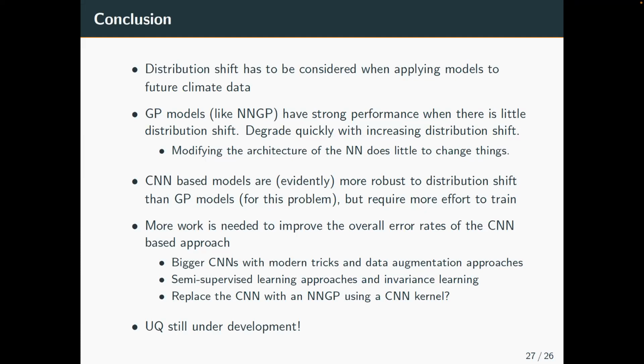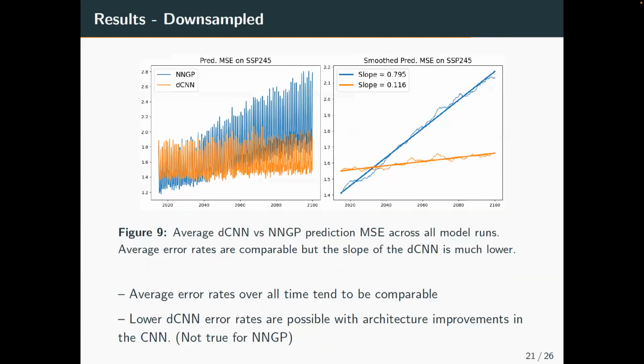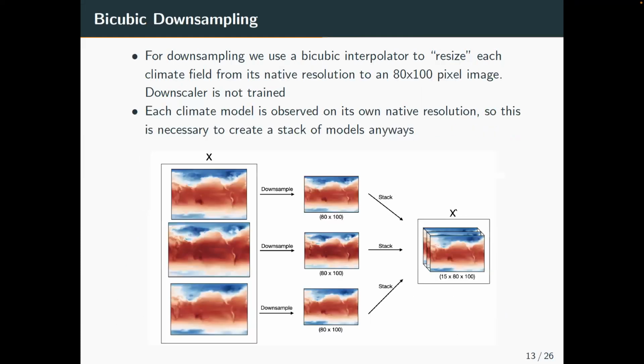You get different results depending on what you're trying to feed it. Let me be honest. The way we came up with the downsampler was we just needed a way to get all the fields into one tensor. That was the initial push.